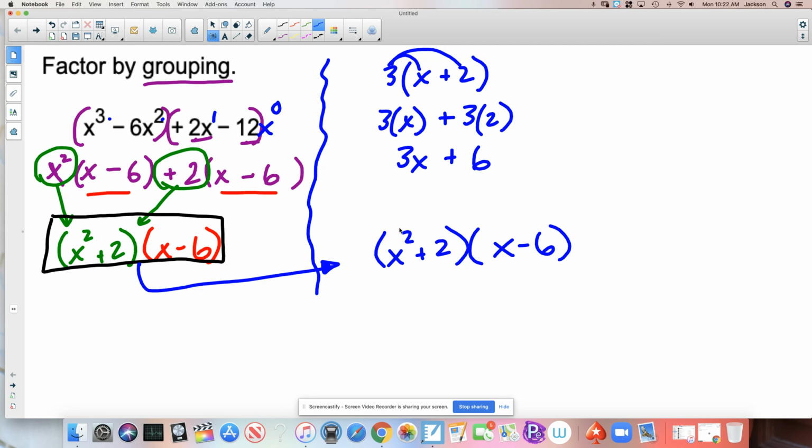You take the first term, multiply it times here, then you take the outside terms, x squared times -6, then 2 times x and 2 times -6. So that's that basic foiling process.